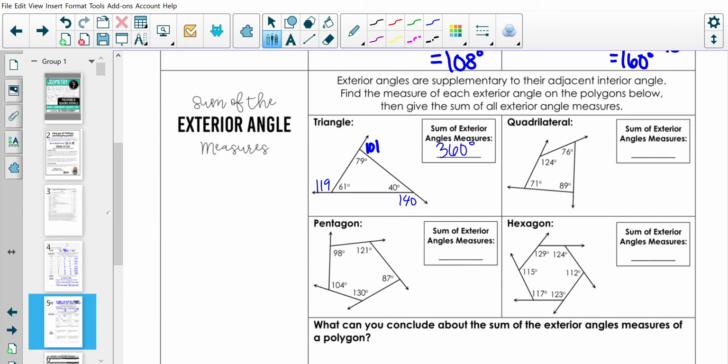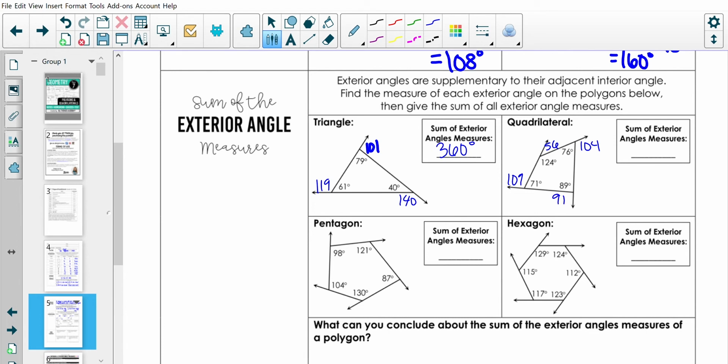Okay. Over here on my quadrilateral, what's the exterior angle to 71? 109. To 124? To 76? And to 89?